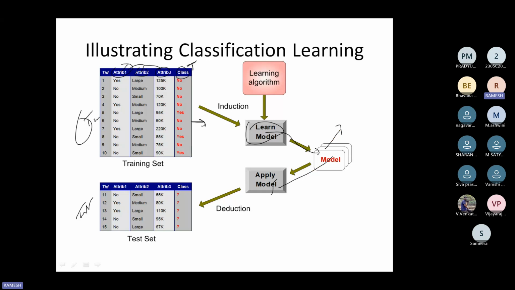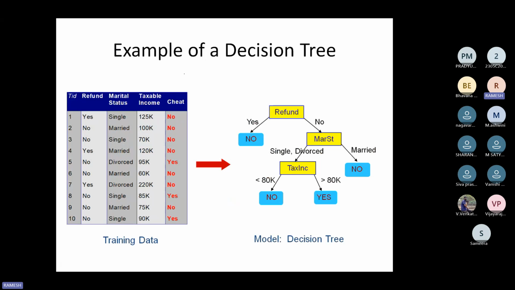So this is a simple data set. Three attributes are there, and one is the target variable. For example, if we build a tree like this from the training data, refund is taken as the root node, marital status as an intermediate node, and taxable income as another intermediate, child node.